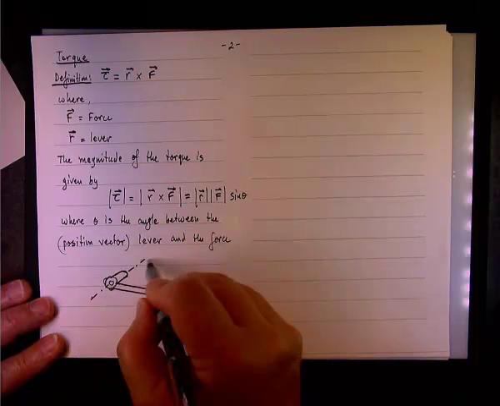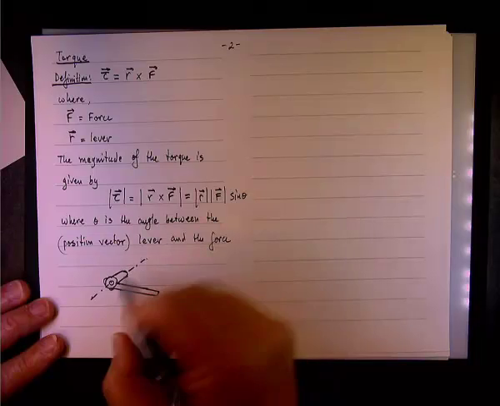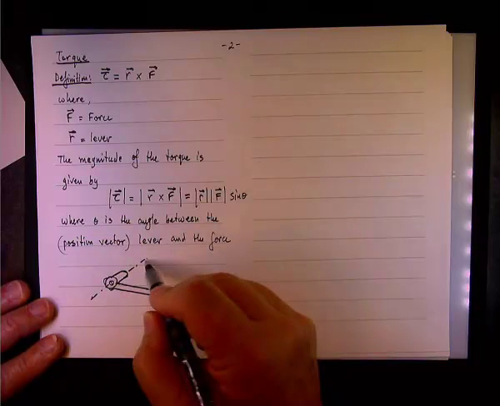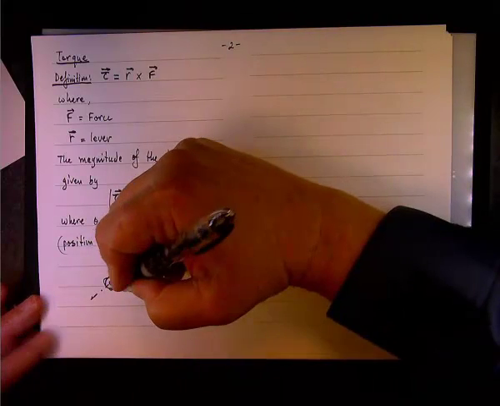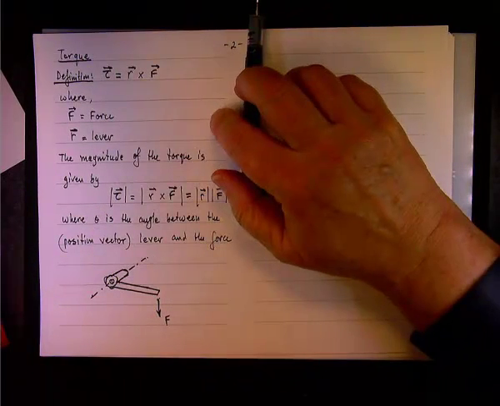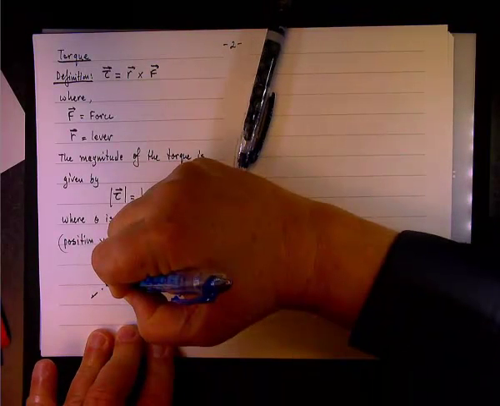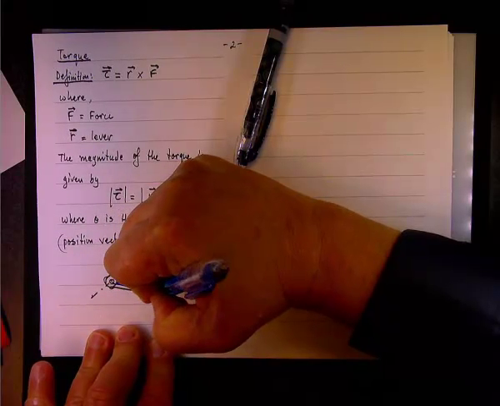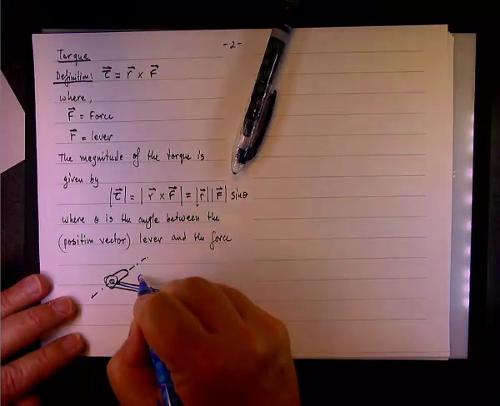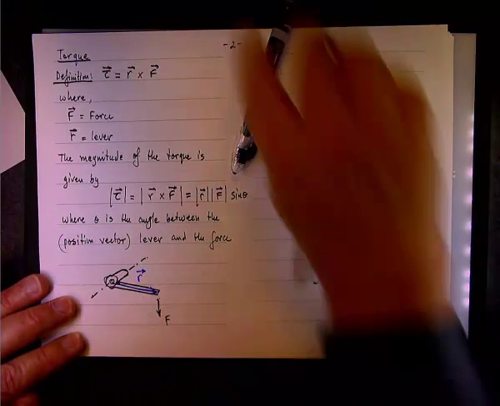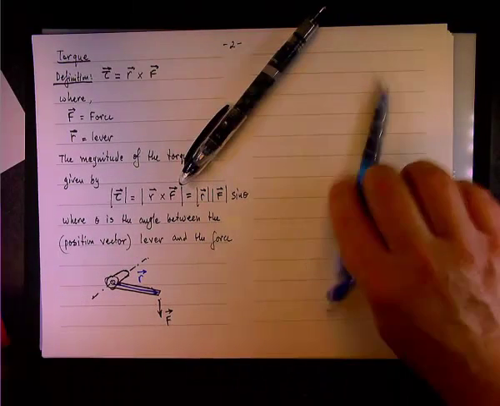So this is my F. This is the axis of rotation, so this will be the origin. We can place the origin right here, the connection between the two, and this vector, I'll use a different color, is the lever, or the position, or the distance between the axis of rotation and the position where we apply the force. It is the vector R.